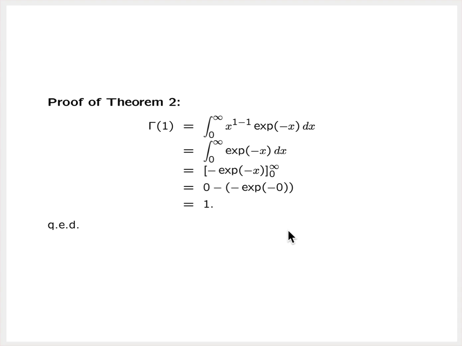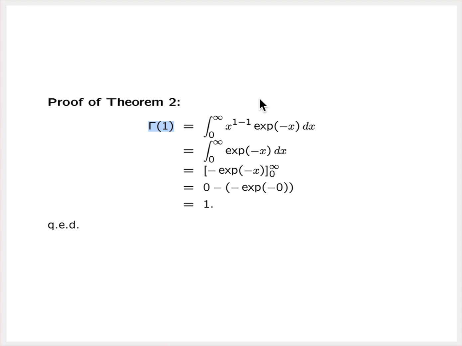Okay, Theorem 2 says that the gamma function evaluated at 1 is 1, and that's very easily shown. By definition, the gamma function evaluated at 1 is the integral over the positive part of the real line of x raised to the 1 minus 1 power times the exponential function evaluated at negative x.